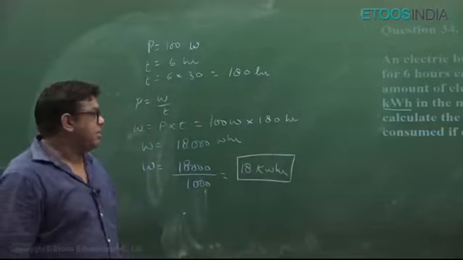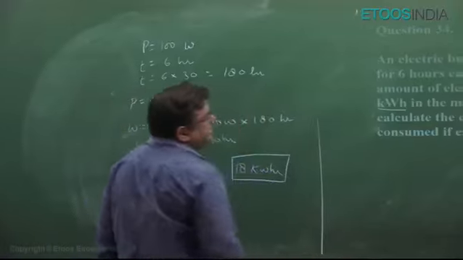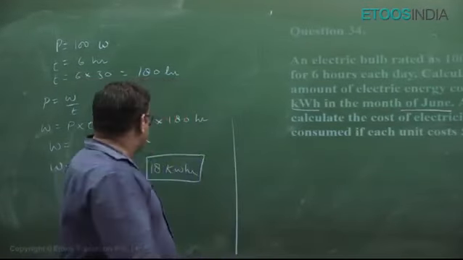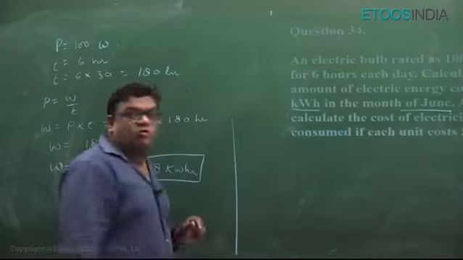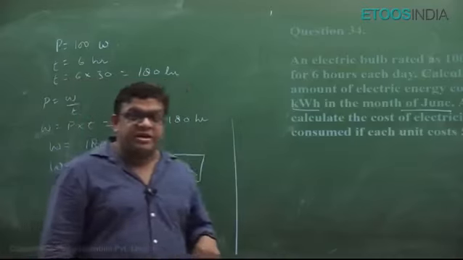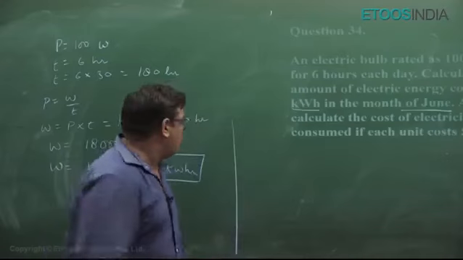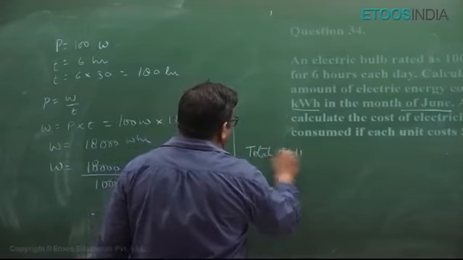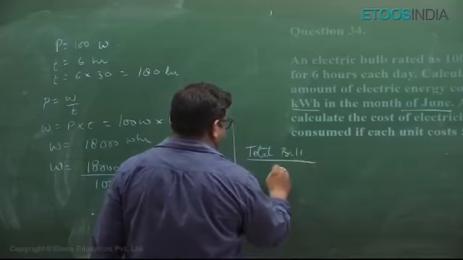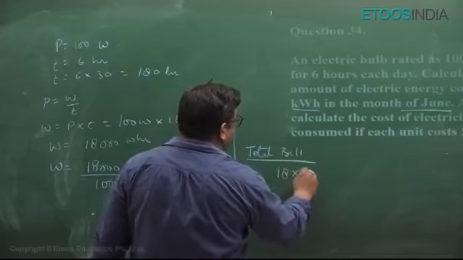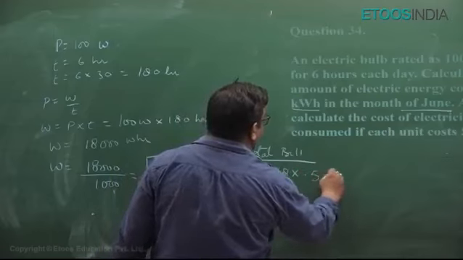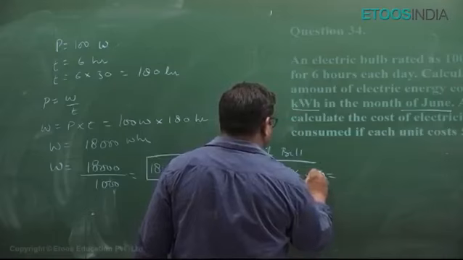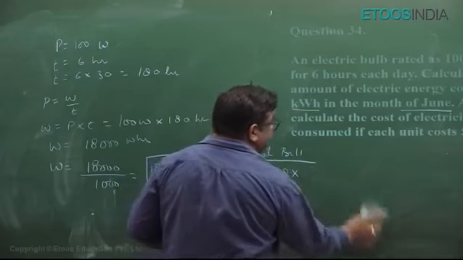Okay, total work done. Now what it has been asked is the total cost of the bill if it is 50 paisa per unit. So for the month of June it is 18 kilowatt hour. For each unit it is 50 paisa. So the total bill will be 18 into 0.5, I'll just write it, 50 paisa.